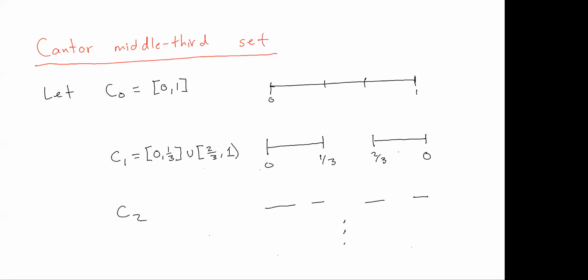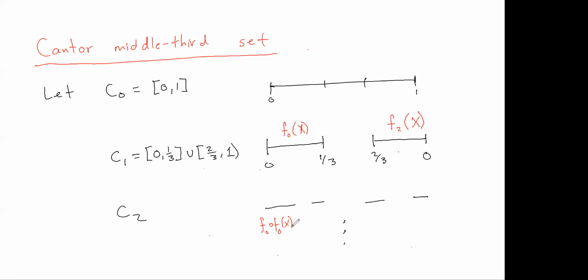This is the image of X, the interval. What is this one going to be? This is going to be the composition of F0 composed with F0 of X.